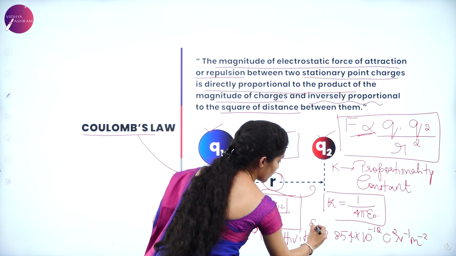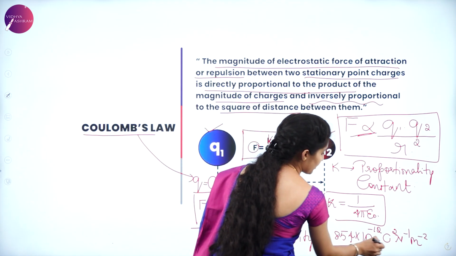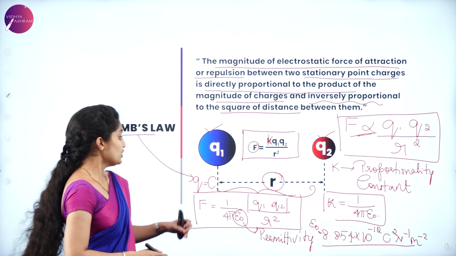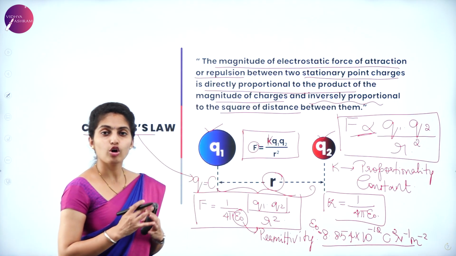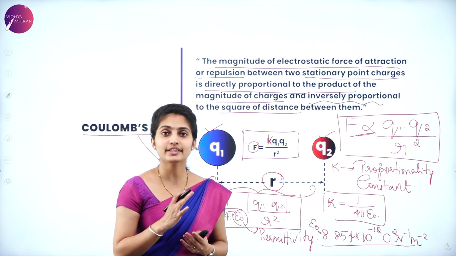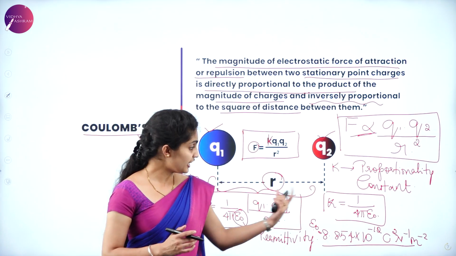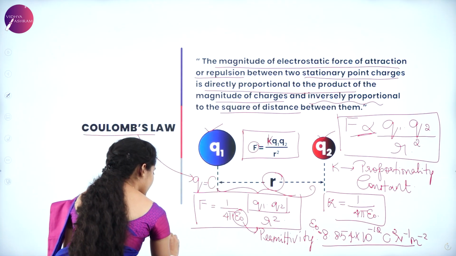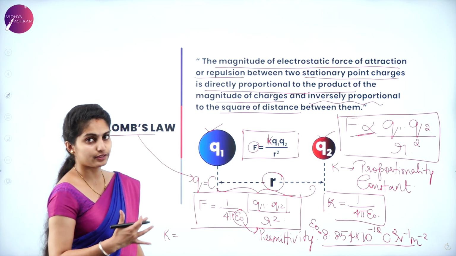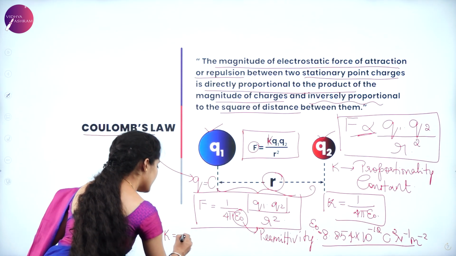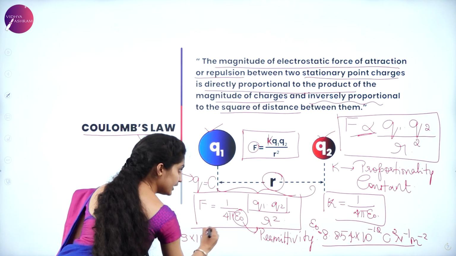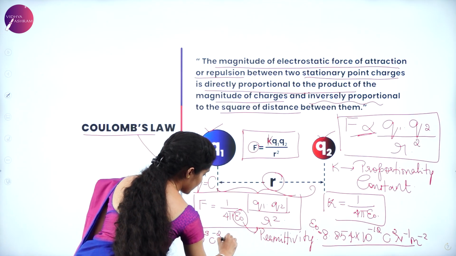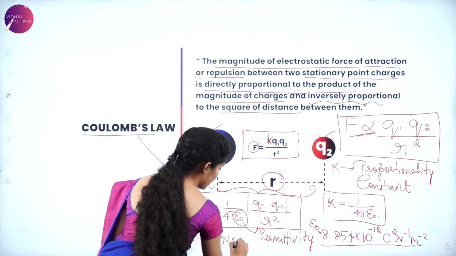So the value of epsilon naught is 8.854 into 10 to the power of minus 12 C square N inverse m square. When you solve 1 by 4 pi epsilon naught altogether, you get 9 into 10 to the power of 9, with the inverse of these SI units. So K can be written as 9 into 10 to the power of 9 C minus 2, N inverse as N, and m minus 2 as m square.